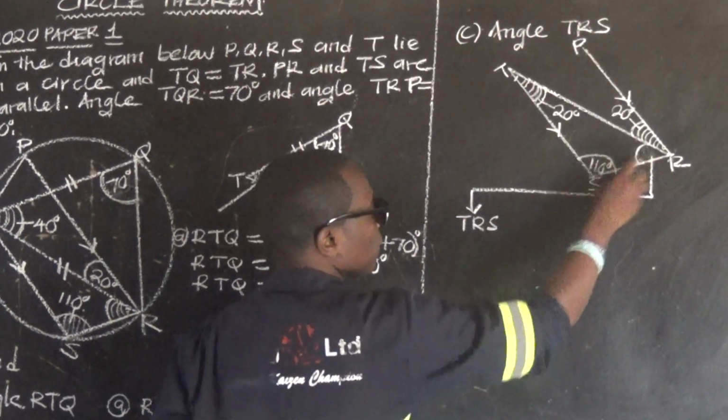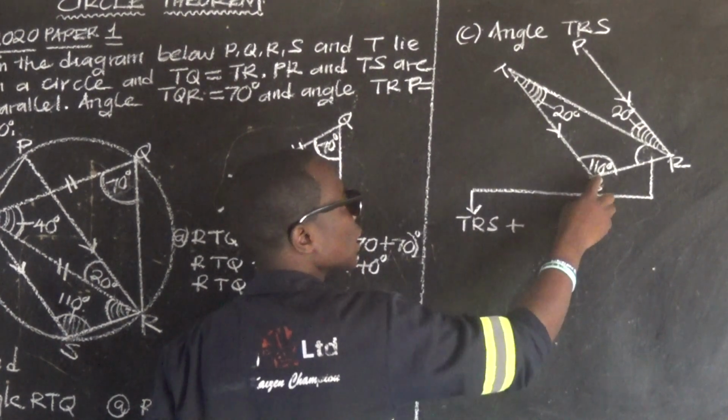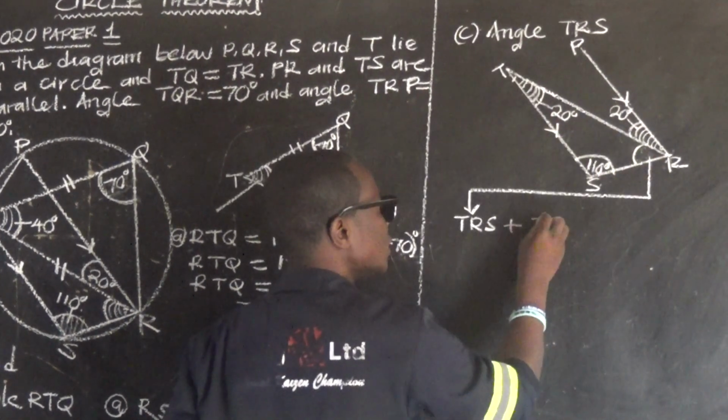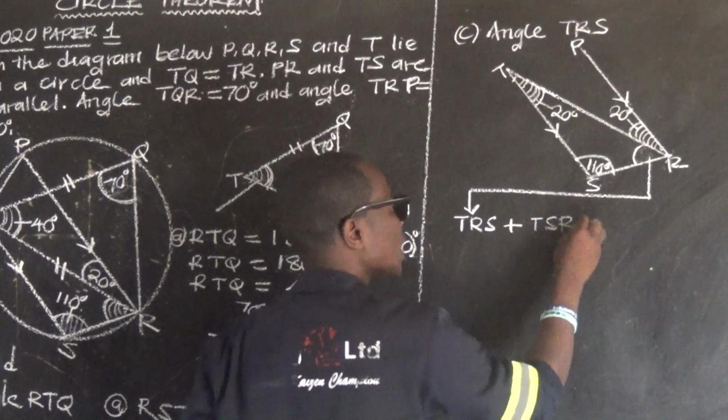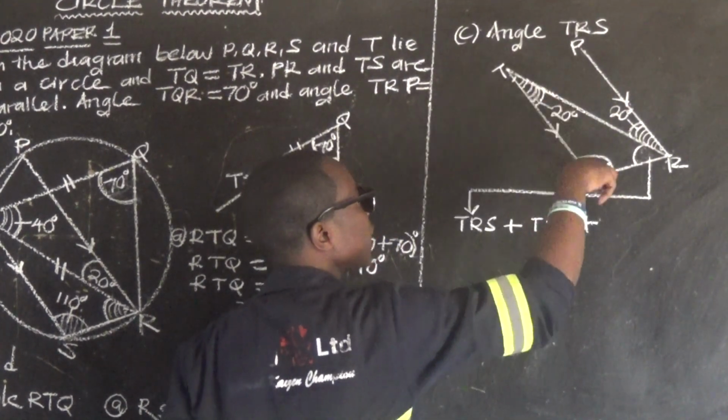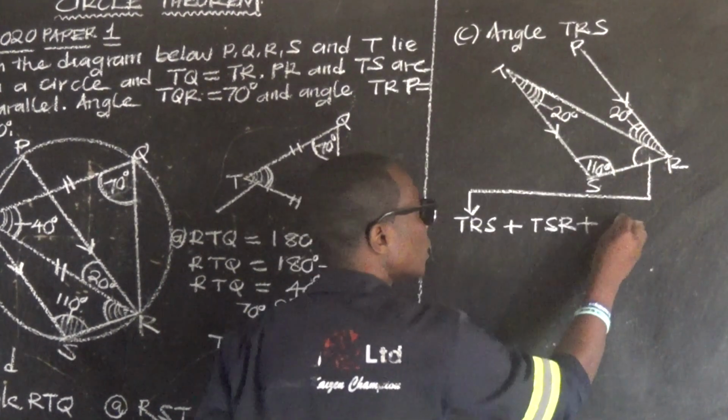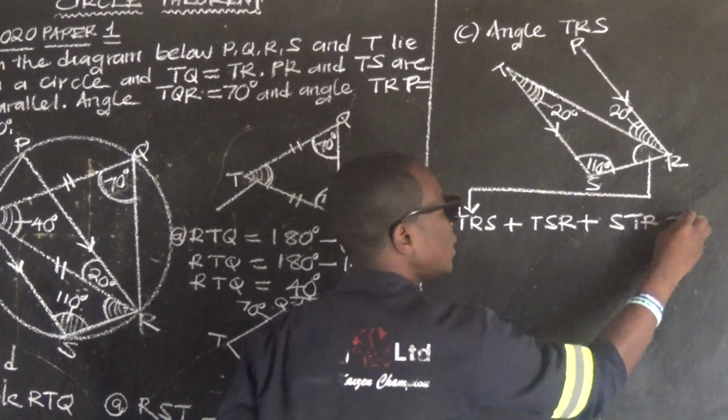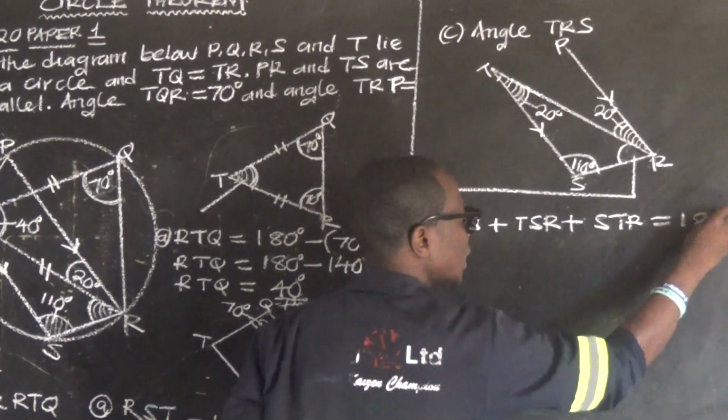We're just going to say, we know TRS, this angle, plus this angle, which is TSR, plus this angle, which is STR, add up to 180.